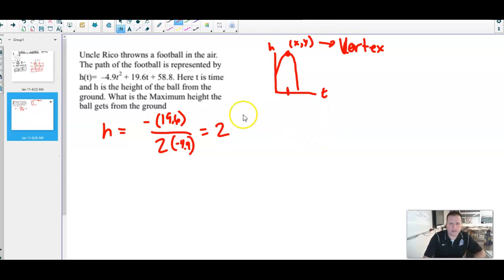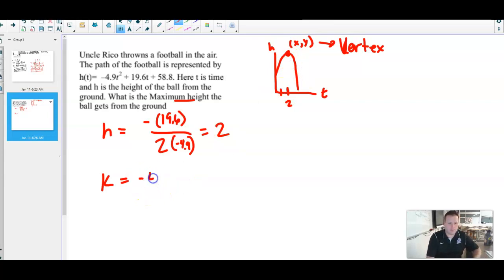So what that's saying is when my time is 2 seconds, it's reached its maximum height. But this question wants the maximum height, so to find that, I'm just going to find k, because that's how high it is after 2 seconds.